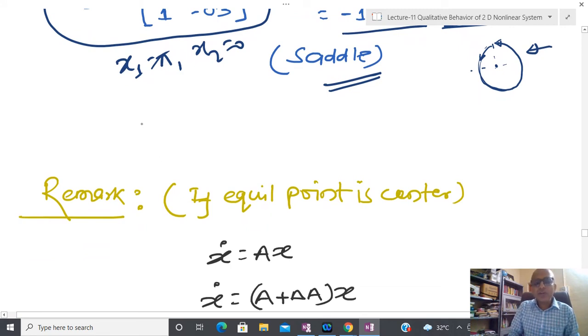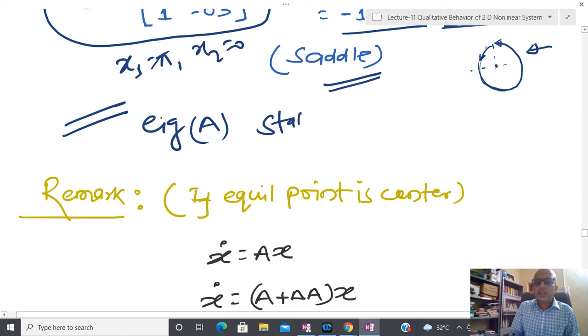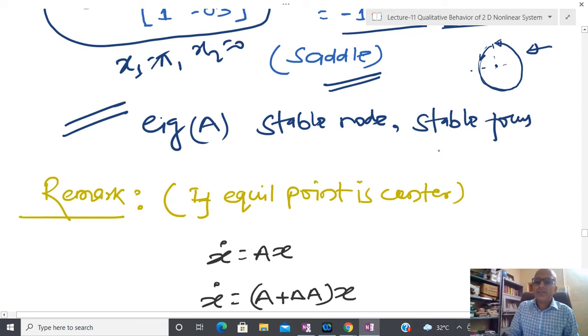Suppose the eigenvalues of the linearized system A give a stable node, or some kind of stable focus, or what is another possibility? Anyone? What we found is that if both eigenvalues are negative, then I have a stable node. If both eigenvalues are complex and alpha is less than 0, then I have a stable focus.